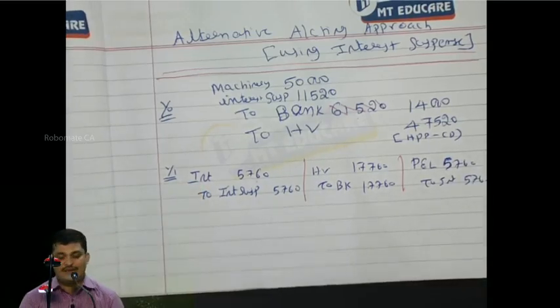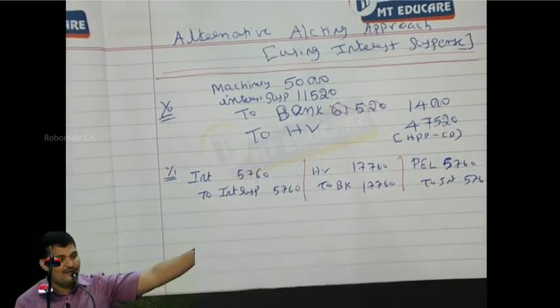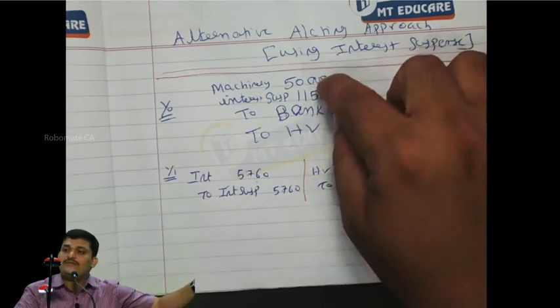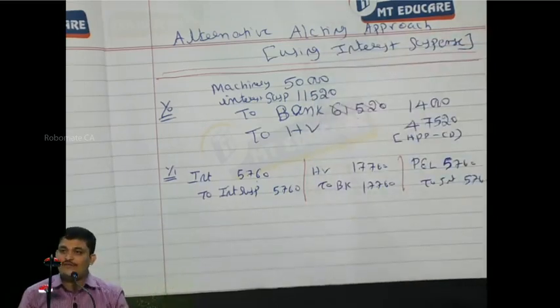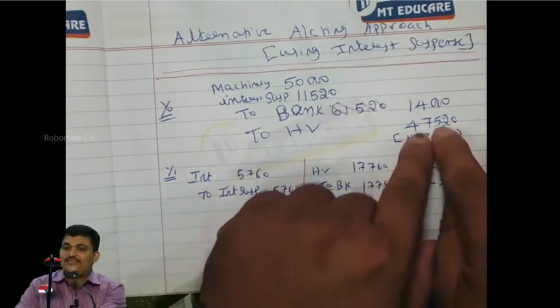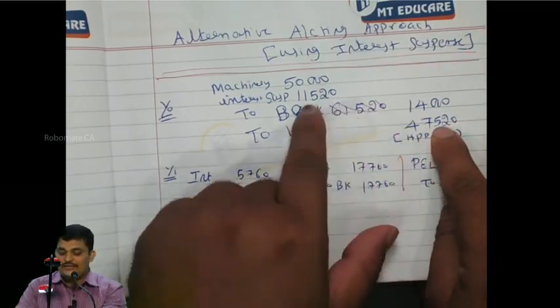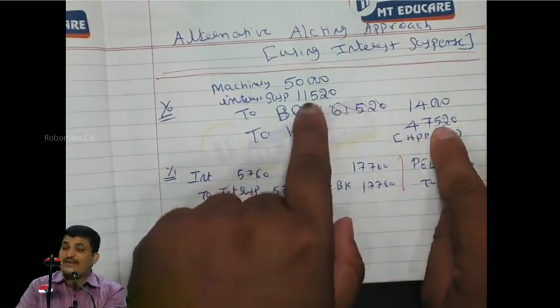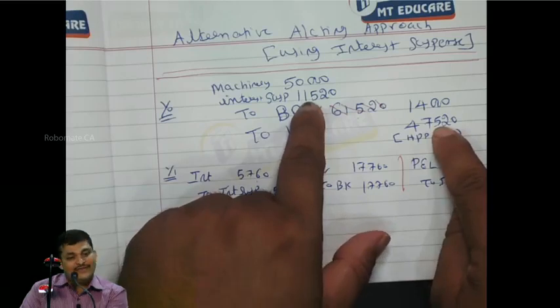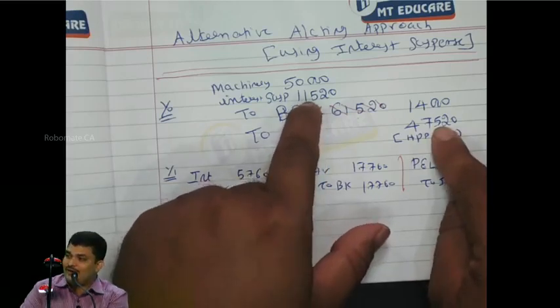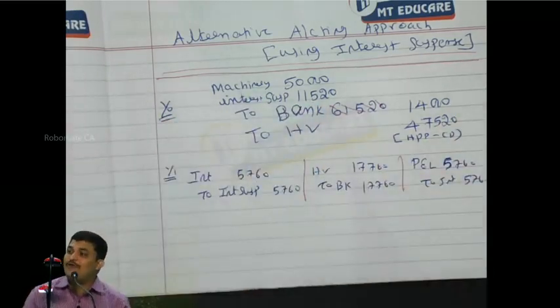Same. P&L interest will be how much amount? Machinery shown at 50,000. Are you following? Liability shown in the balance sheet at corresponding asset is, if you actually net this off, 36,000. Are you following?